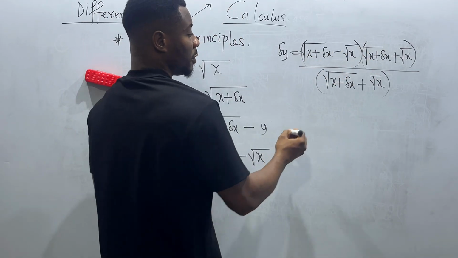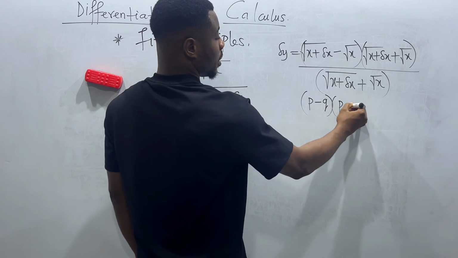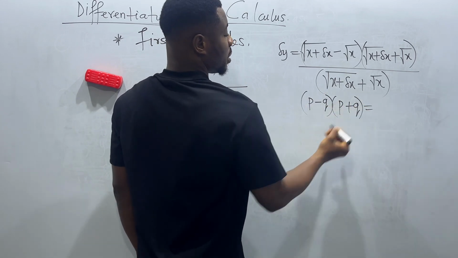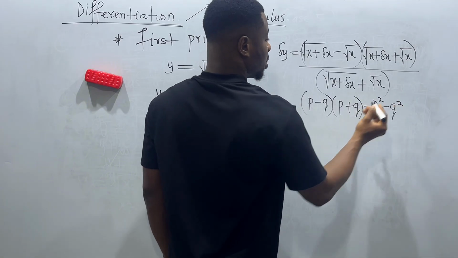When we have p minus q multiplied by p plus q, this is going to eventually give us p squared minus q squared.